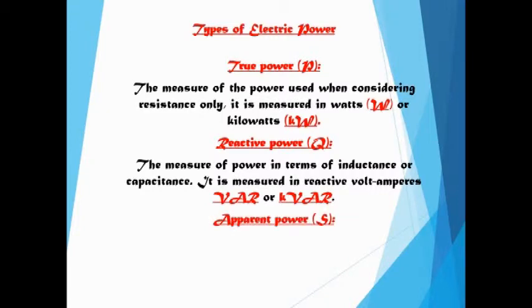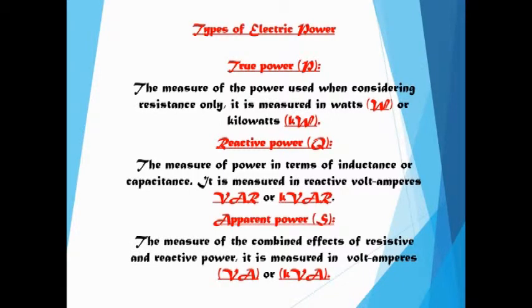That rotation is acting as a resistor in the circuit, but the magnetic field is acting as an inductor, if you like. Very simply put there. It's more than this, but I'm just trying to make it as simple as possible so you understand three different types of power. So true power, reactive power, and by the way, reactive power is measured in volt amp reactive or kilovolt amp reactive.